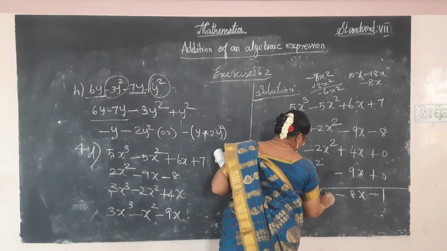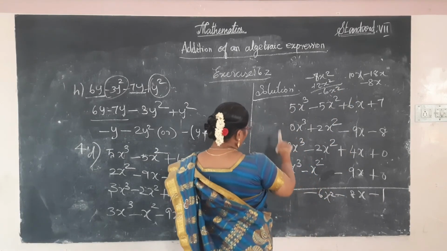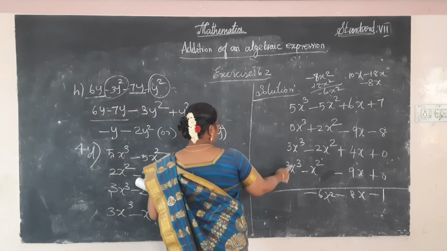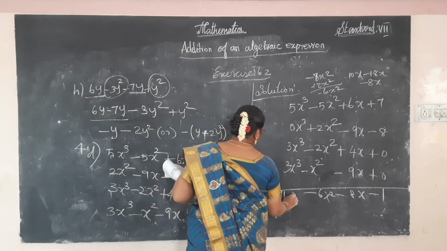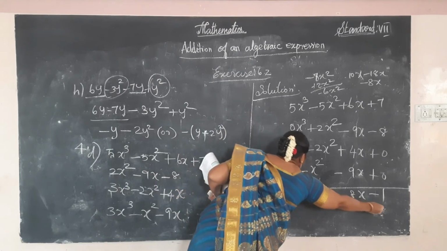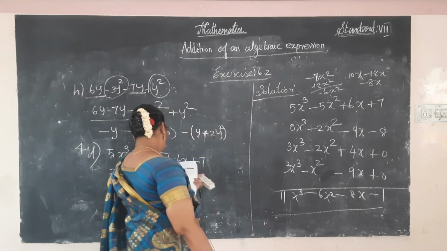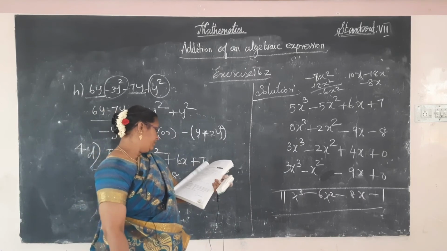And then add the x power 3 values: 3 plus 3 is 6, 6 plus 5 is 11x power 3. That is the answer. Now see the fifth problem.